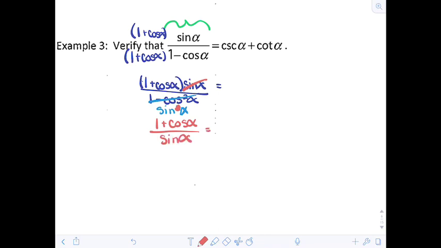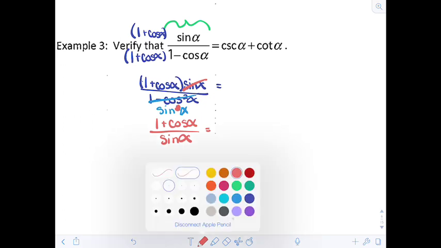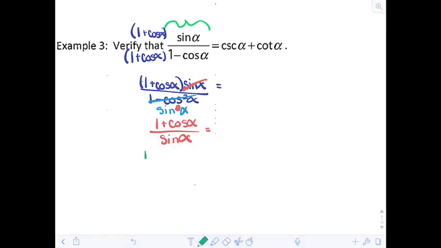Okay, now I needed to become cosecant of alpha plus cotangent of alpha, and there's no fractions there. So what I'm going to do is split up the left side. It's totally legitimate for me to say 1 over the sine of alpha plus the cosine of alpha over the sine of alpha. The sine of alpha was my common denominator, so I just split them up.